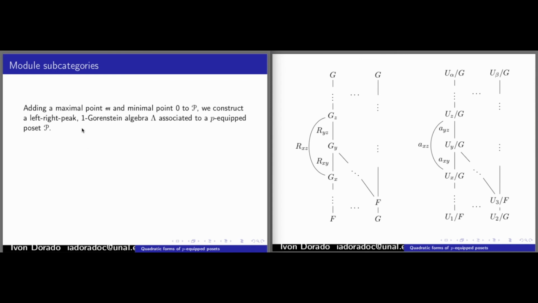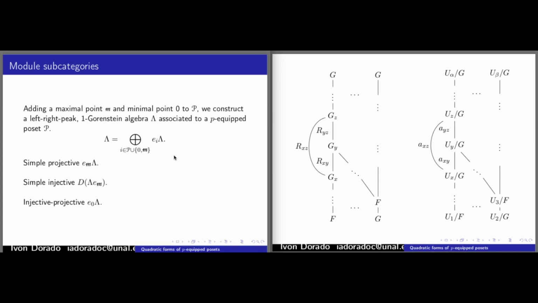To study these representations, we add a maximal and minimal point to the poset, and we construct a one-Gorenstein basic algebra which has one simple projective module, one simple injective, and a module which is projective and injective associated to the minimal point.